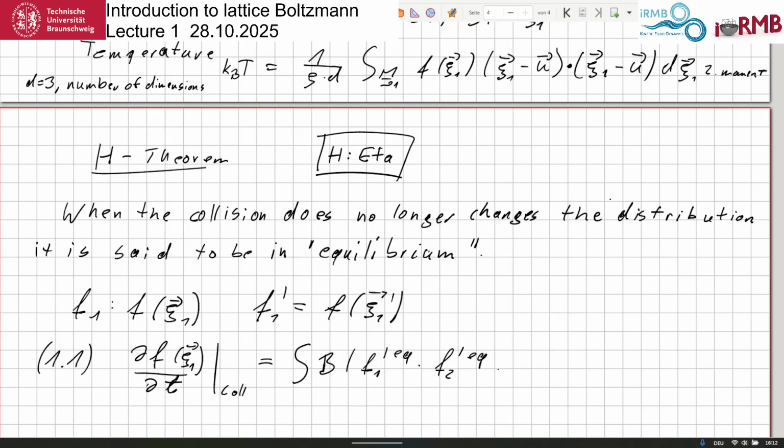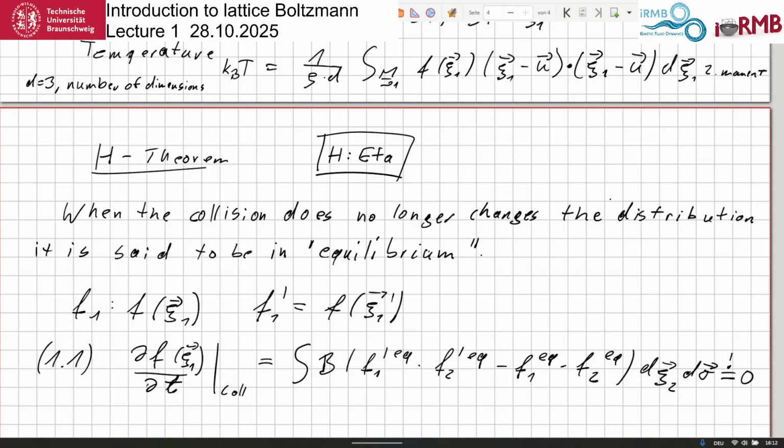So this is the gain term, and then we have the loss term, F1 equilibrium times F2 equilibrium, and this we integrate over xi 2 and over all directions, and this is now supposed to be 0, by definition. So if we are in equilibrium, collision should not change it anymore.